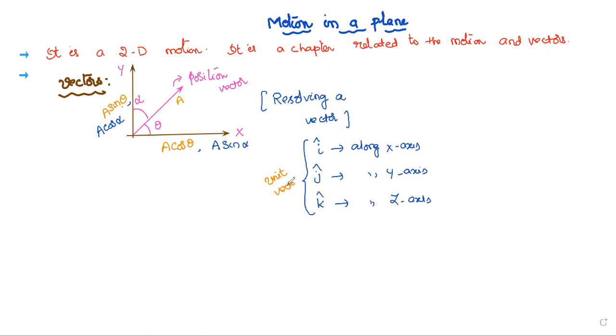Unit vectors means, try to remember their magnitude. If anyone asks you, say it is equal to 1, that means mod i cap equals 1. In the same way, similarly, mod j equals mod k equals 1. Their magnitudes are 1.